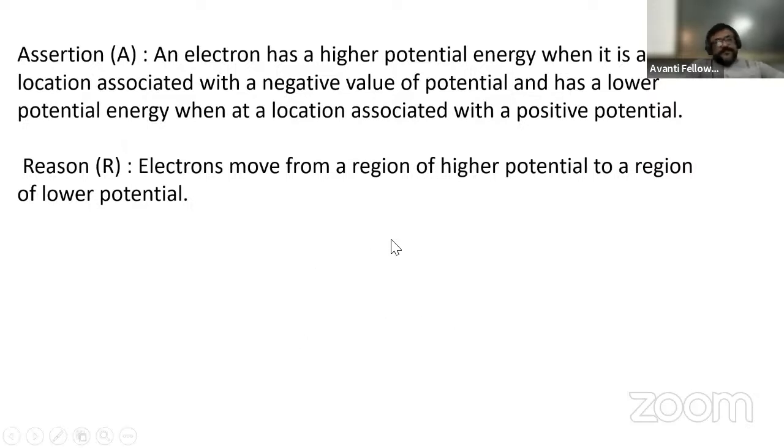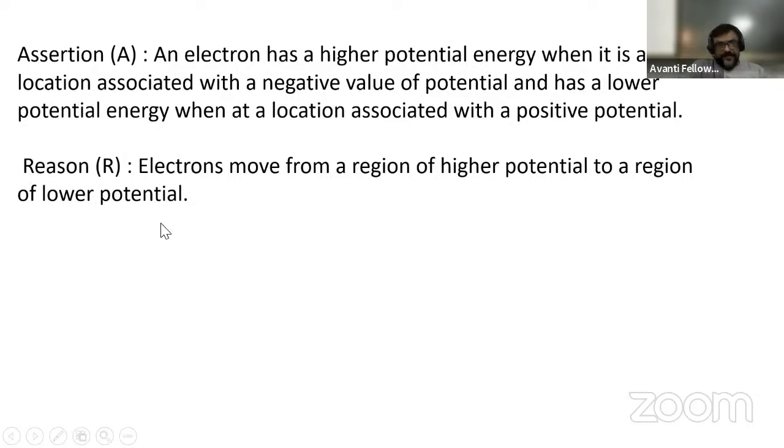The first one is, an electron has a higher potential energy when it is at a location associated with a negative value of potential and has a lower potential energy when at a location associated with a positive potential. That is the assertion.